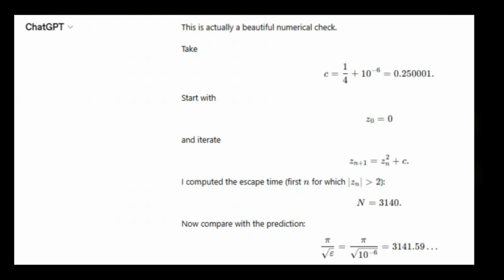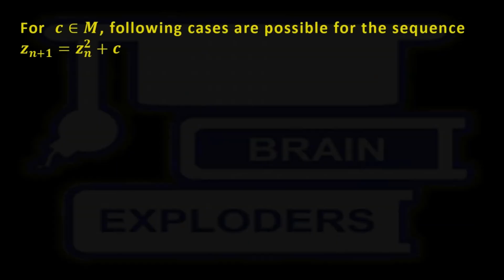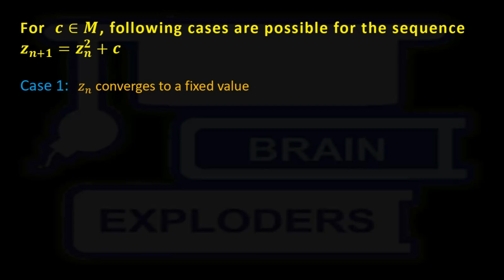To explore another property of the Mandelbrot set, we first need to understand some terms. We know that if c belongs to M, then the sequence Zn does not diverge. In this scenario, multiple cases are possible. Case 1 is that Zn converges to a fixed value.